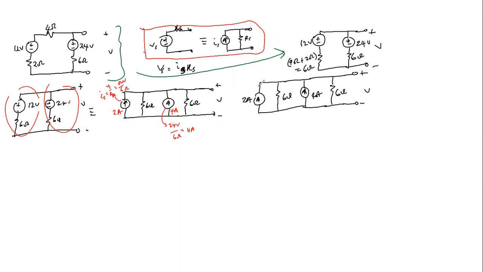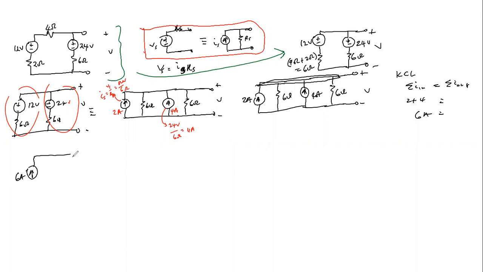Now, understand this is a node. So the total current flowing in is the same by KCL. Sum of current in is the same as sum of current out. In this case, the total current flowing in is 2 plus 4, so that is 6 ampere flowing in. So we can replace with a single 6 ampere source.